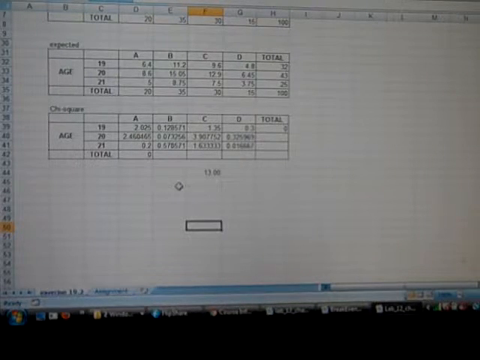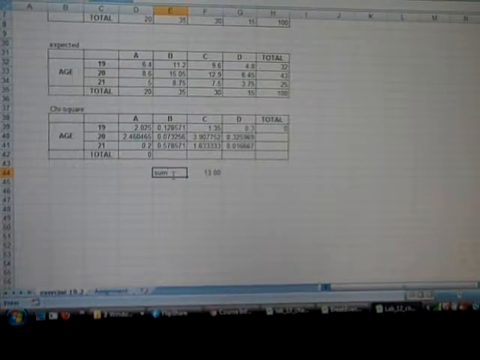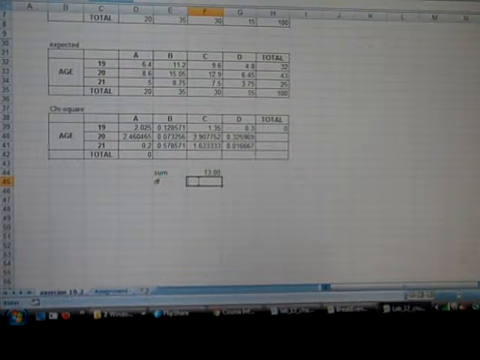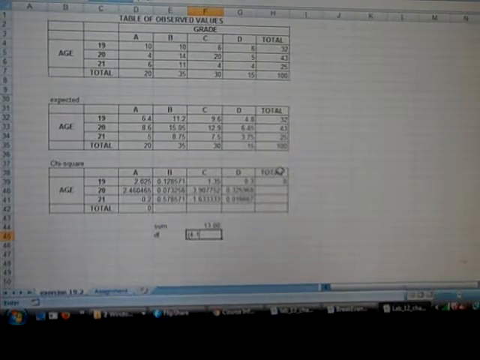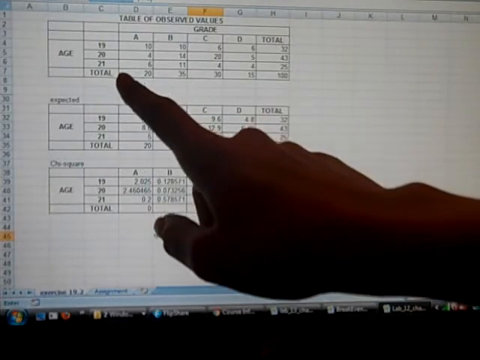And then you want to find your degrees of freedom as well. So you label this as DF, and the degrees of freedom is going to be your number of columns that you have. So 1, 2, 3, 4 minus 1, times the number of rows that you have.